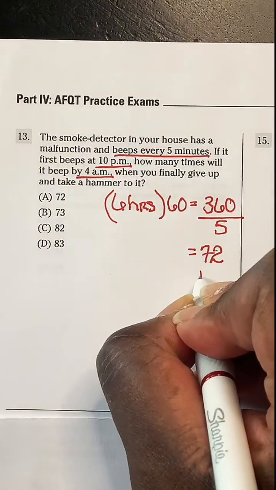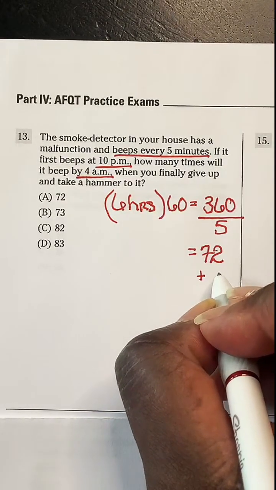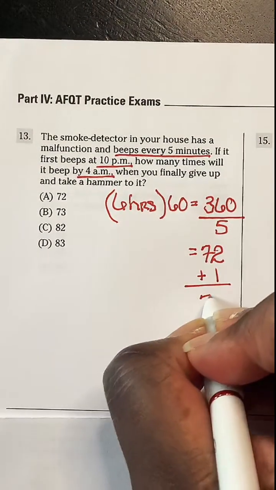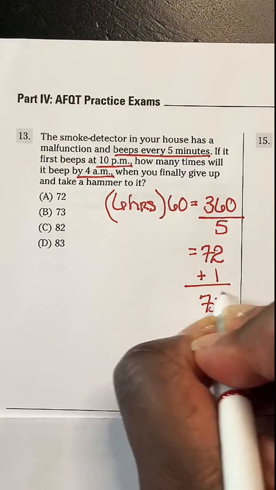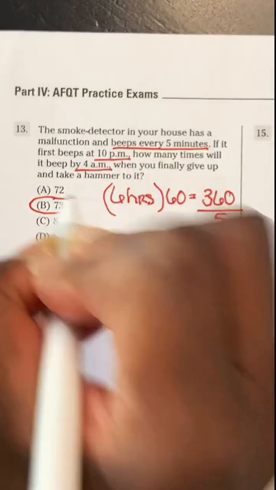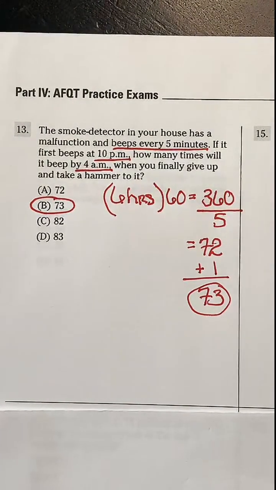So that means we need to add that extra 1. It started at the start of the hour, so it's actually going to be 73. Your answer is going to be B, because it started at the start of the hour.